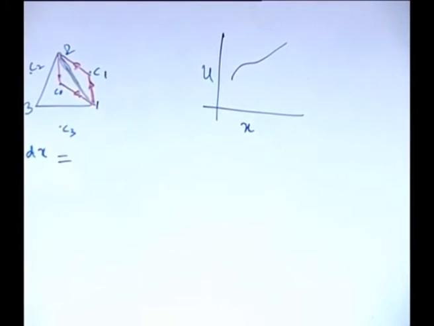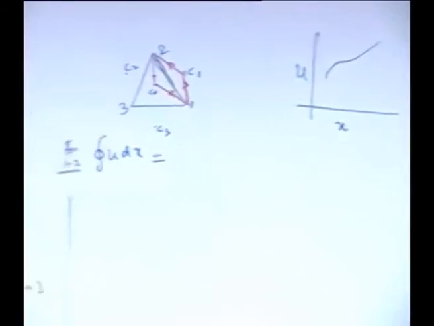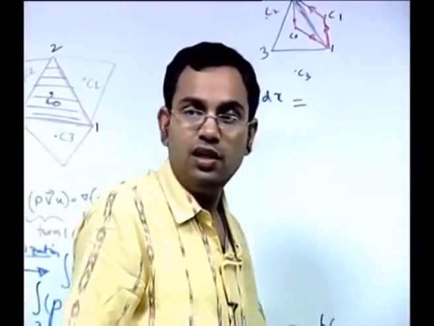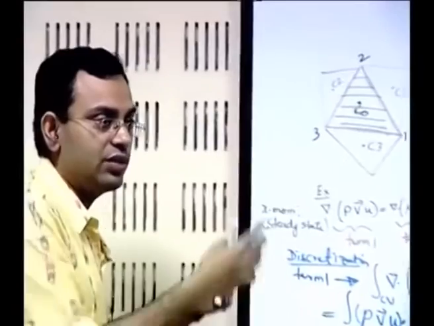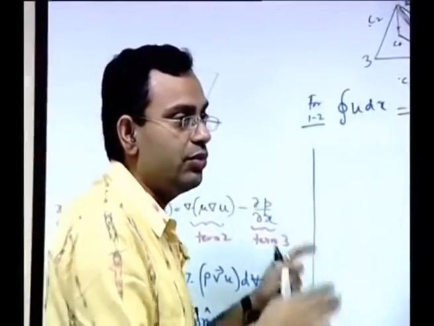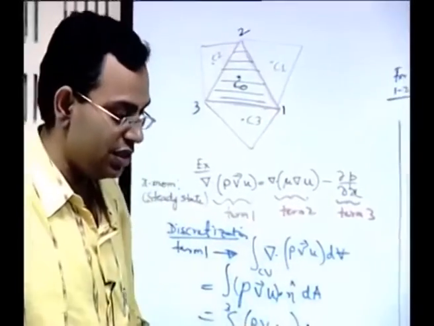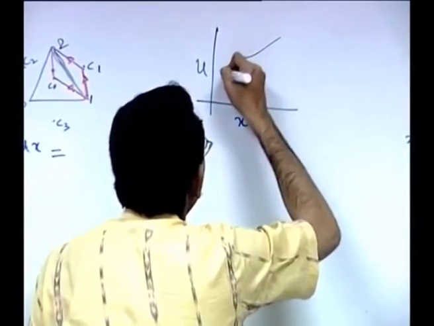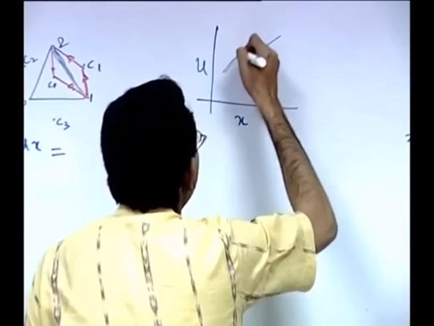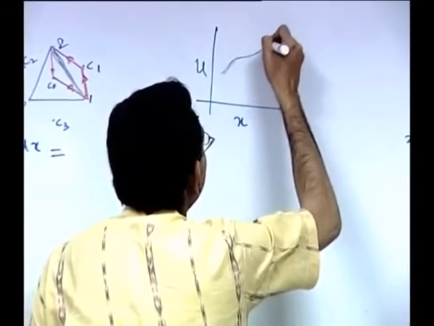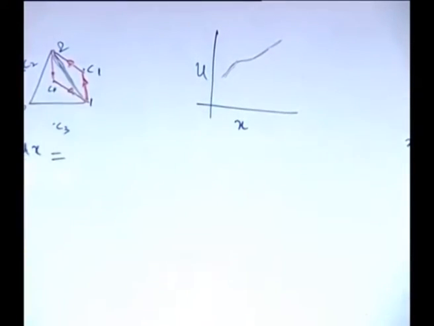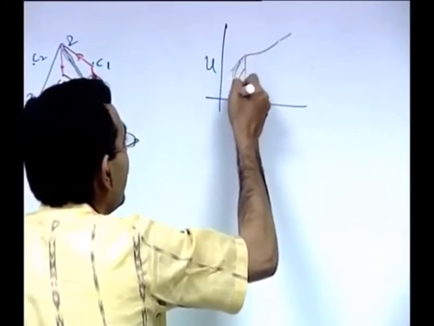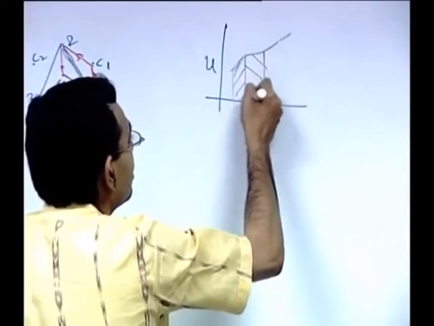One of the simplest but not so bad rules is the trapezoidal rule for numerical integration, which we will demonstrate through example. You can use Simpson's rules or any of the quadrature rules also, but just for simplicity in demonstration we will consider the trapezoidal rule. So we are considering that this profile is a piecewise linear profile, and for each piece the integration is represented by the area under the corresponding trapezium.